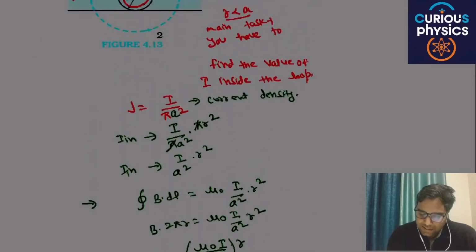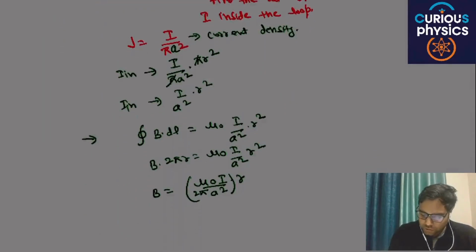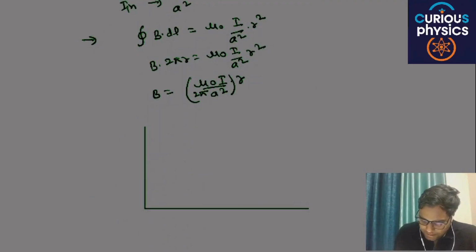Outside the wire, the field will follow a different expression. If you want to draw a graph of the magnetic field inside, at the center, when r is 0, the magnetic field will be 0, because the current enclosed will be 0.